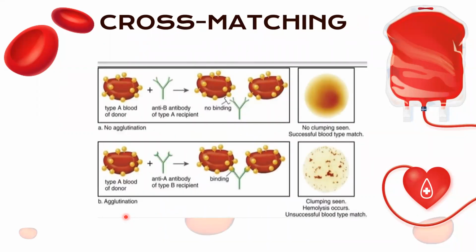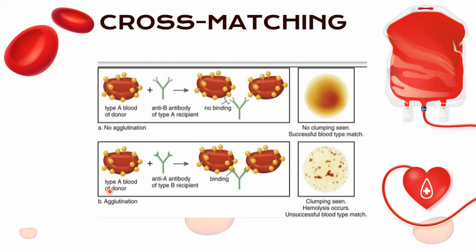So for cross-matching, we have now the blood of the patient and the blood of the donor. So type A blood of the donor plus the mixing of the anti-B antibody of type A recipient. Okay, if there is no binding, then there is a successful blood type match.